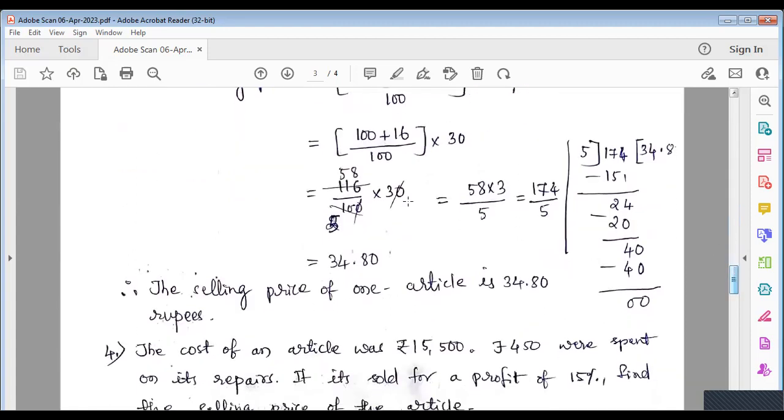So 100 plus 16 is 116 divided by 100 into 30. You cancel the 10s here, and you can cancel out the 2 fives like that. So it gives 58 into 3 divided by 5.